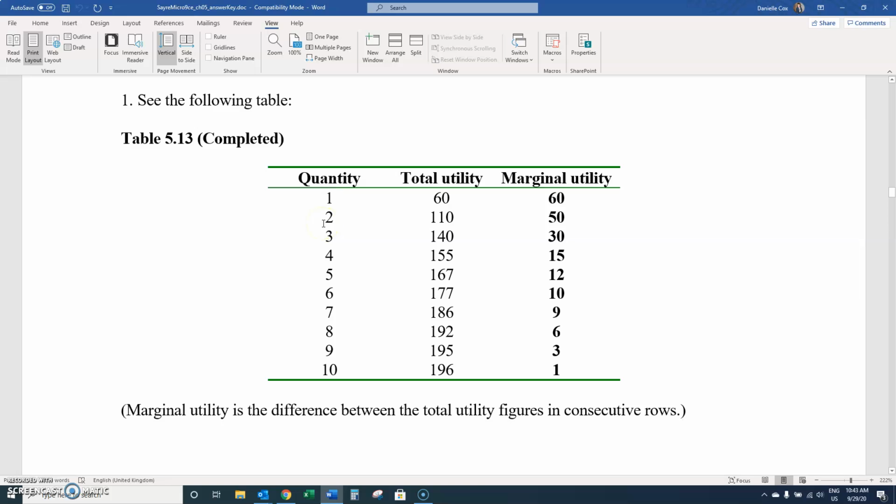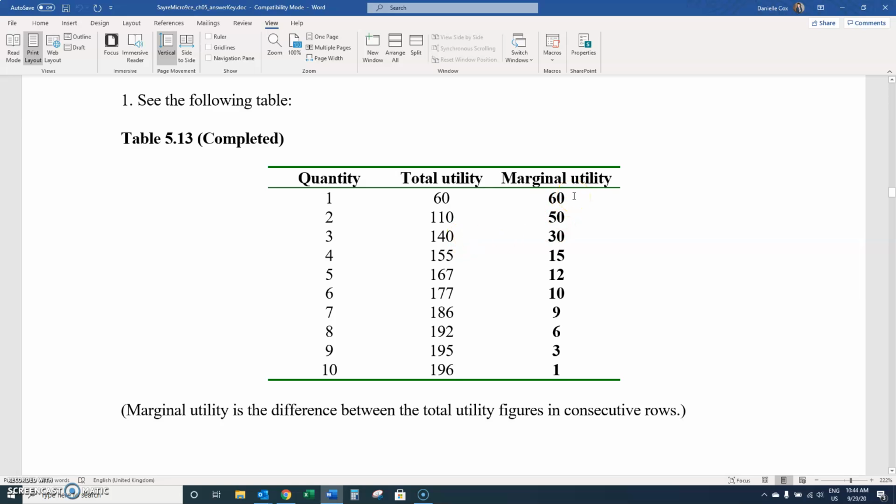Now, if she consumes 2 packages, her total utility is 110. So that's going to be a combination of the utility from the first pack plus the utility from the second pack. We know the utility from the first pack was 60, so 110 minus 60 gives us a marginal utility of 50. Then we're told that her total utility from all 3 packs is 140.